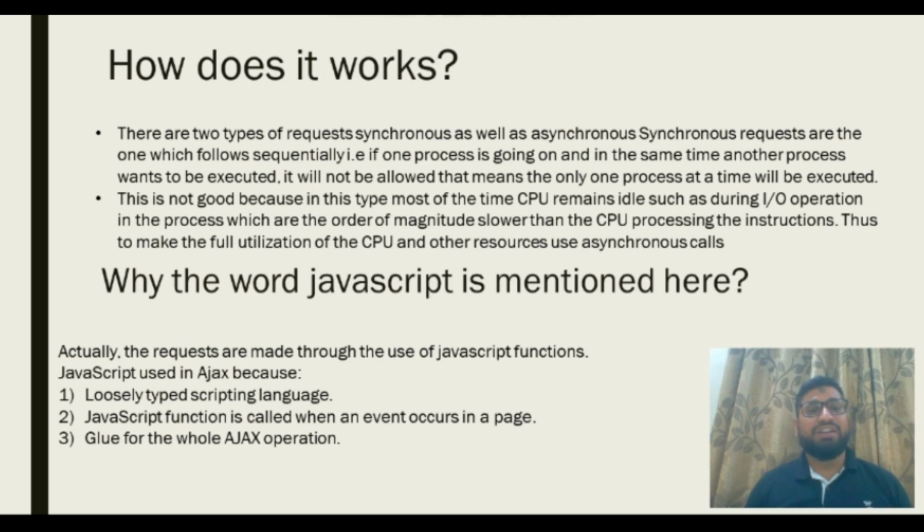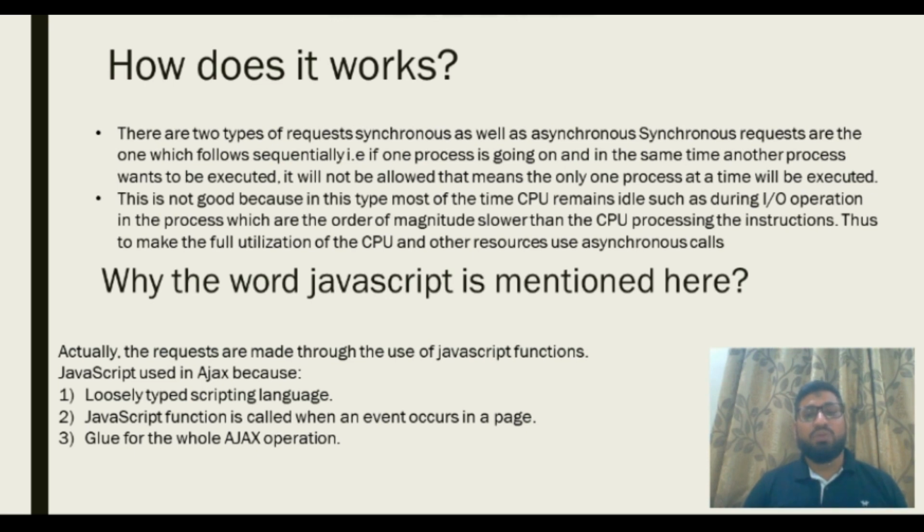Again, what is the working of AJAX? There are two types of request: synchronous as well as asynchronous. Synchronous requests are ones which follow sequentially, that is, if one process is going on and at the same time another process wants to be executed, it will not be allowed.